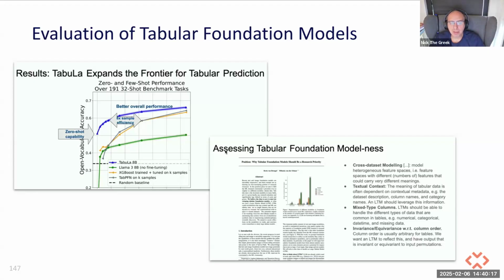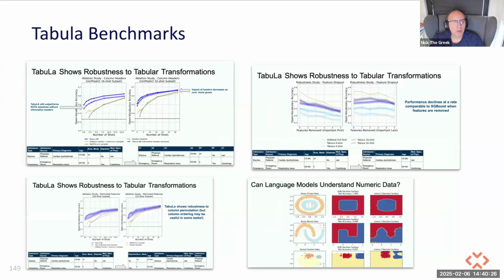Here's a position paper that says why tabular foundation models should be a research priority. And I think we kind of covered that in the previous talk. And here are even more benchmarks from Tabula that you can go through, where they stress it under different transformations and noise.